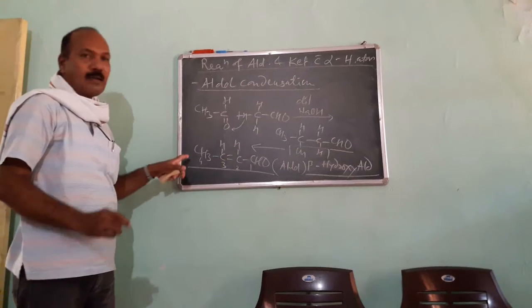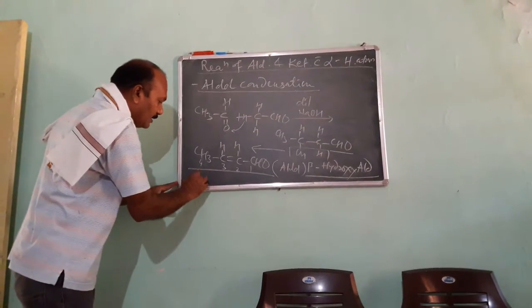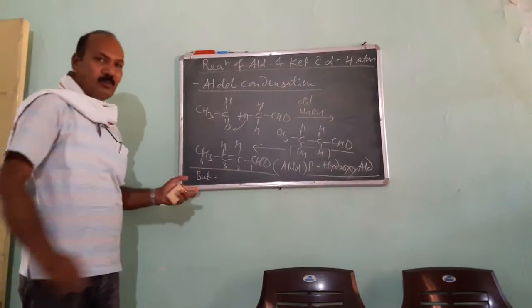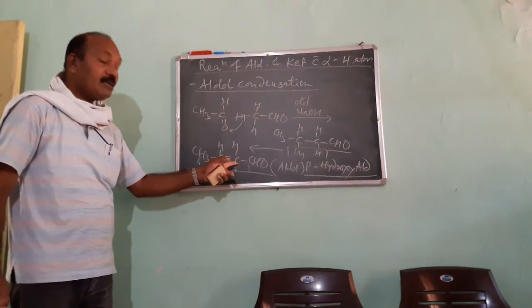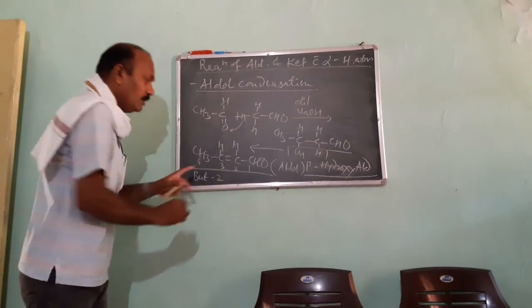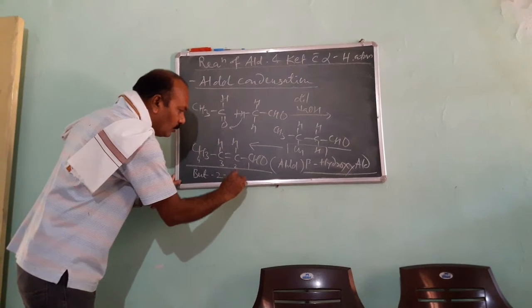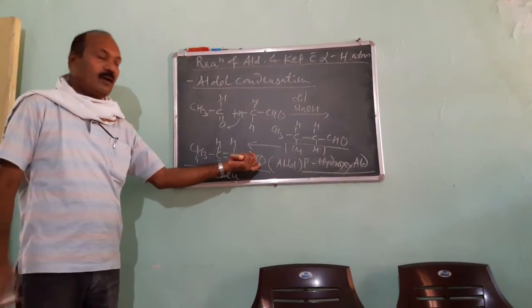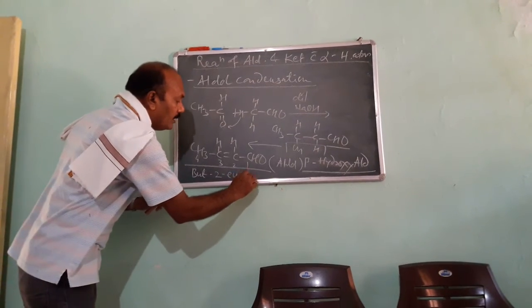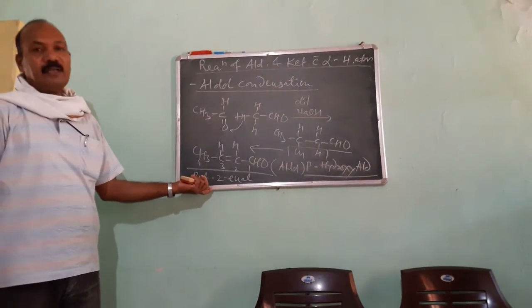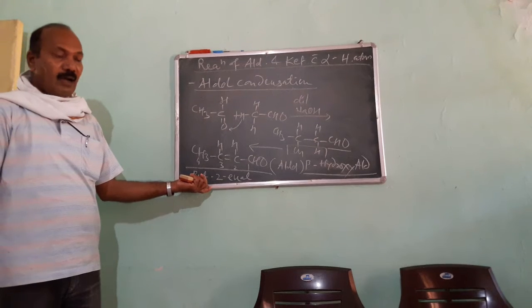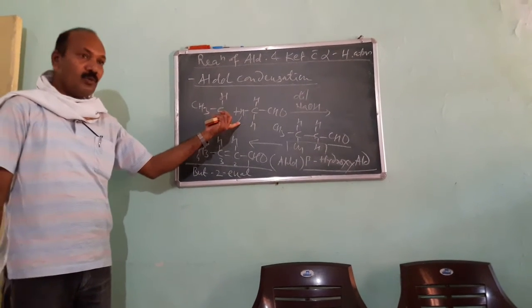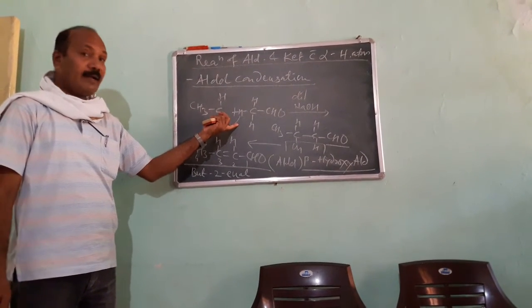So the total number of carbon atoms present in the chain is four, the stem is but. At the second carbon atom there is a double bond, so 2 for double bond, ene, but-2-ene. But at the first carbon atom the aldehyde is there, al for aldehyde. So the name is butenal. So butenal is the final product of the aldol condensation having two aldehyde compounds.